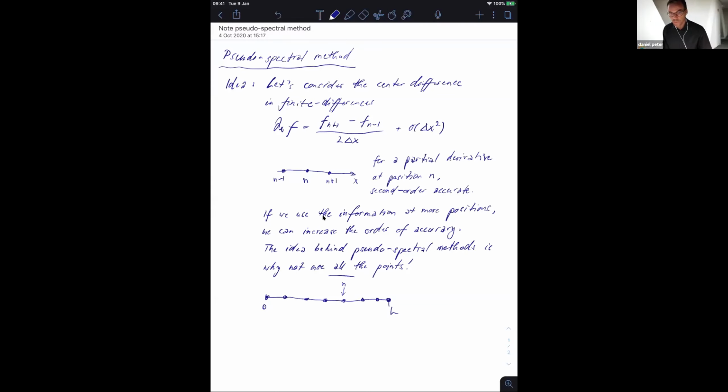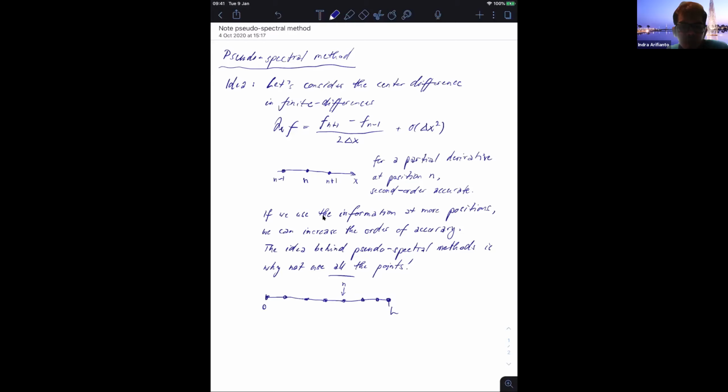Well, let's say for a time n, we know what the wave field is on the whole grid. And now we want to approximate the solution for the next time step, n+1. And for this next time step, n+1, we have the information of the wave field at all grid points.